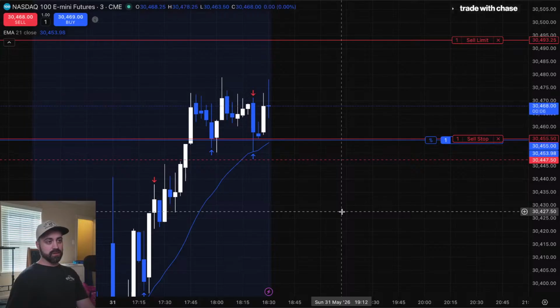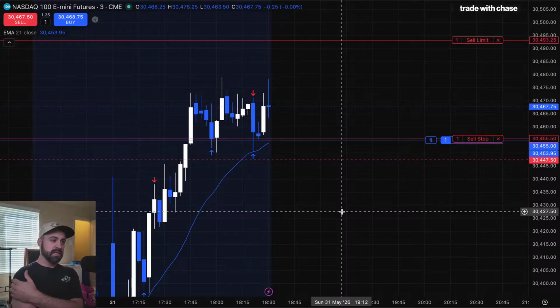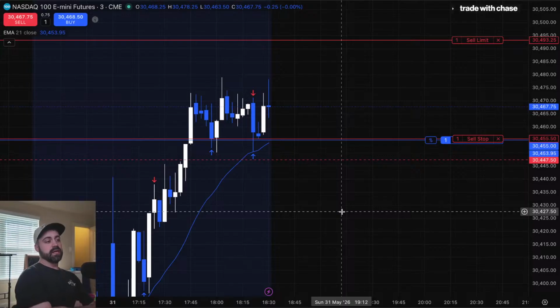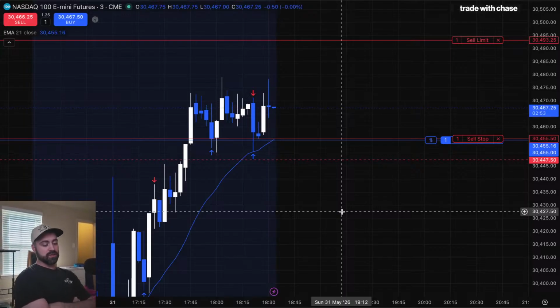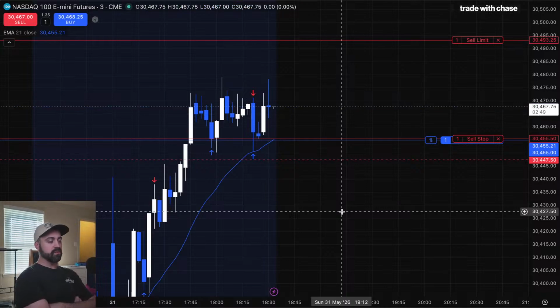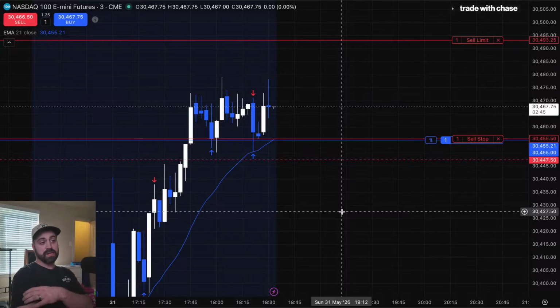And again, with so many other styles that I tried, I felt like I got caught in so many fake outs all the time, and it was frustrating because the setups looked so clean. They followed all of my rules, but for whatever reason, the market just went against it. And that can happen with any strategy.